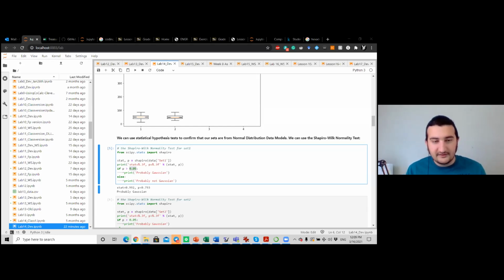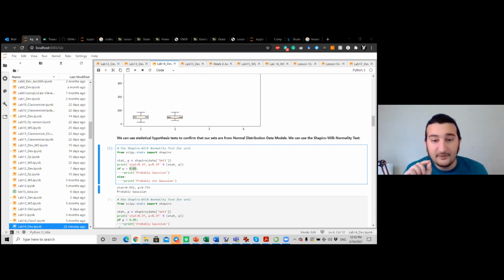As a default and very commonly used threshold, alpha equal to 0.05 is used to make a decision on the results of a test. In this case, if my p-value is greater than 0.05, I am not going to reject the null hypothesis, and I'm going to say that the set of numbers is normally distributed.